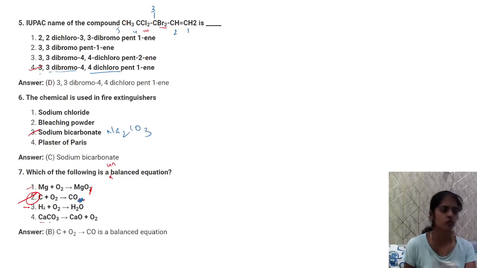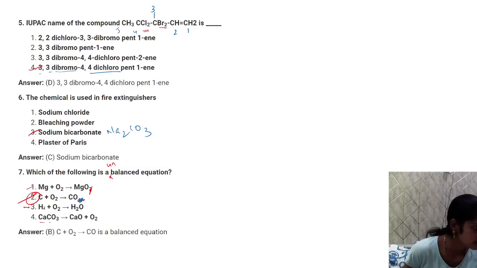Okay, C plus O2 gives CO is the unbalanced one. Remaining are balanced. Which is what is asked here? Yes, here it has to be C plus O2 gives CO2. Then it is the balanced reaction. Okay, remaining are not balanced. Not balanced only? Yes.